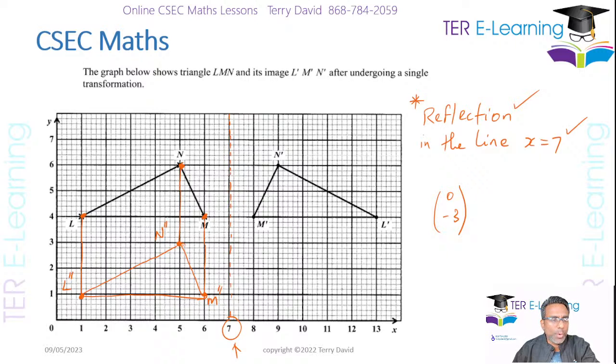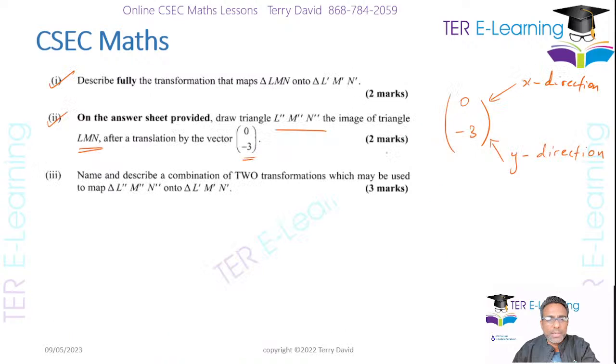Right, so let's see what else they want here in this question. Okay, the third part. They said name and describe a combination of 2 transformations which may be used to map. So here's what we're trying to do. We're trying to map this onto this here. So let's go back and see where we're trying to go to.